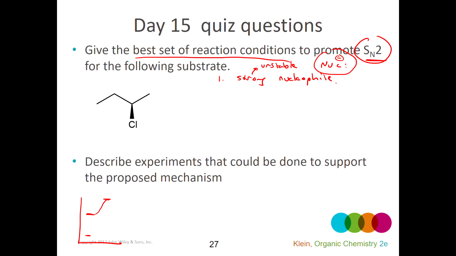So strong nucleophile with an unstable negative charge, and we would want to have a high molarity of both the nucleophile and the substrate. Because in the SN2, they collide at the same time.